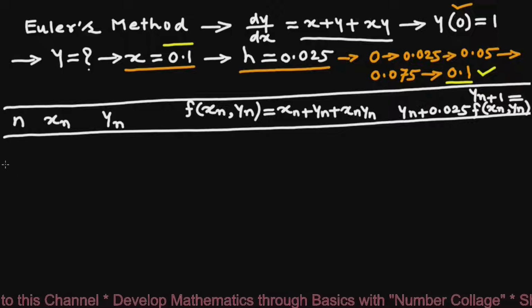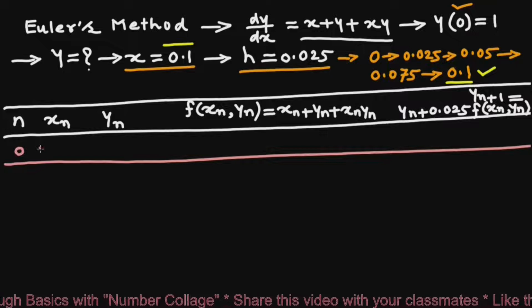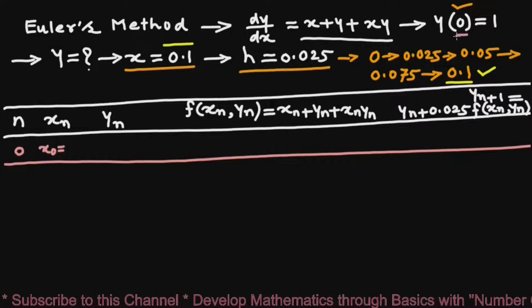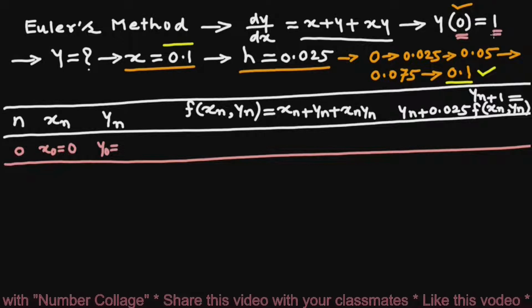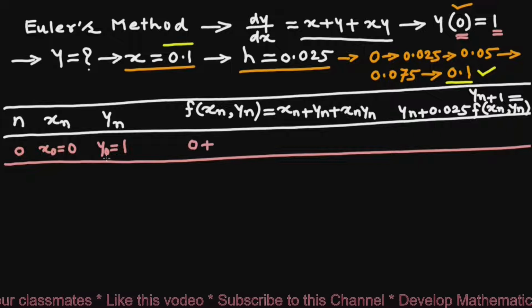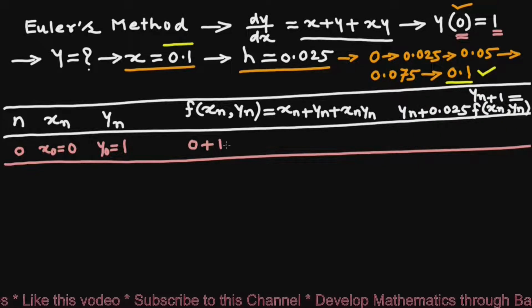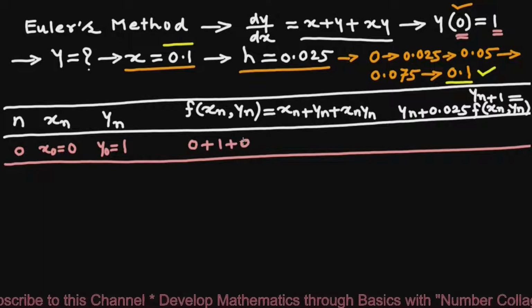In the first row we write n equals 0, so x0 will be from this 0 and y0 will be from this 1. Next, xn is 0 plus yn is 1 plus xn yn will be 0 multiplied by 1, that will be 0.